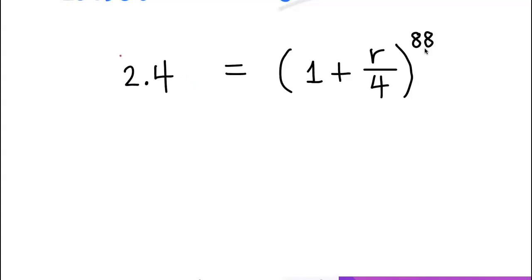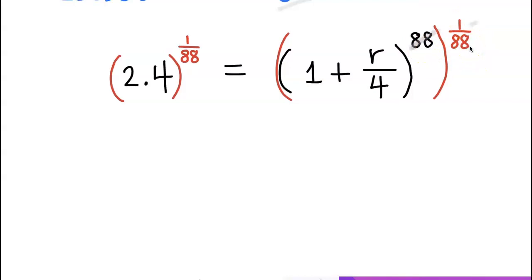We can raise both sides to the 1 over 88th power. Why am I doing that? It's because when you multiply 88 times 1 over 88, that becomes just 1. So that exponent of 1 is now gone.